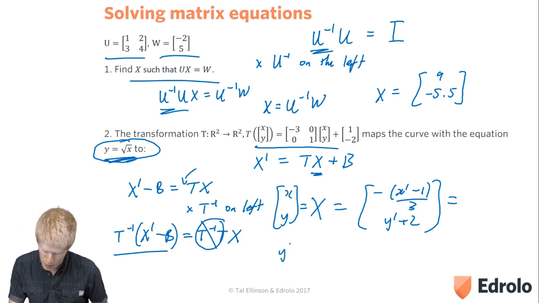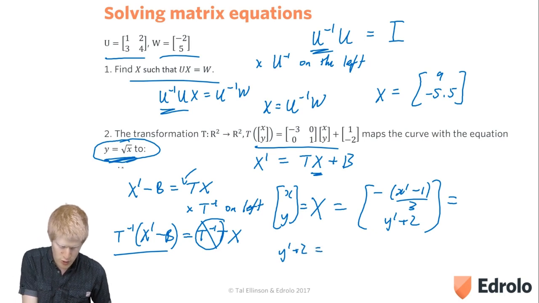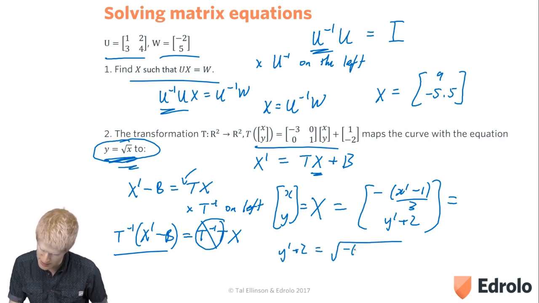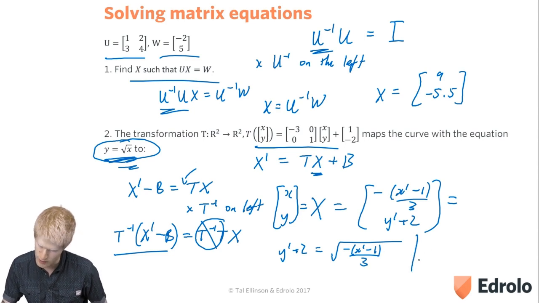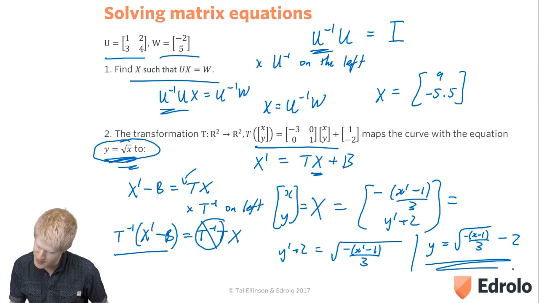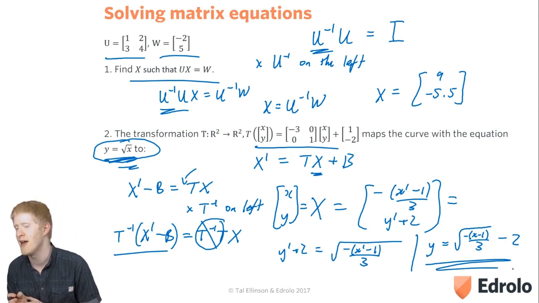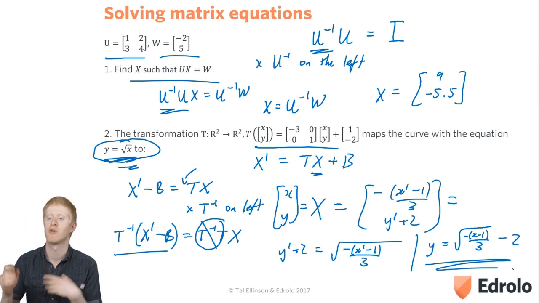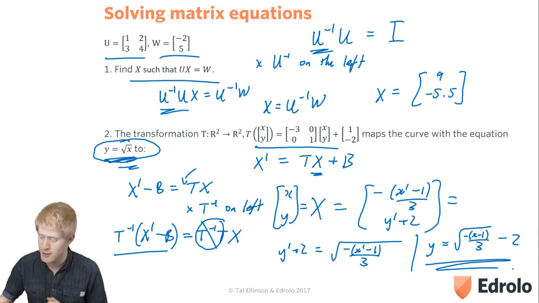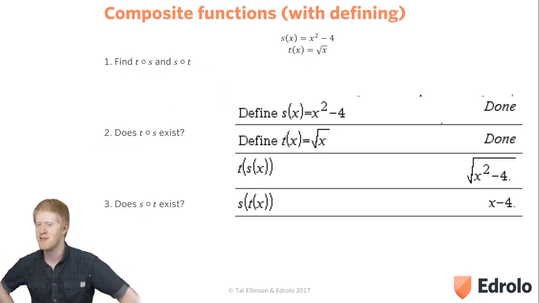So y is y dash plus 2 equals root x, so root of negative x dash minus 1 on 3. Then you can rearrange and drop your dashes and you get y equals the square root of negative x minus 1 on 3, minus 2. That's how you can use matrices and the calculator if you wanted to work with your transformation matrices using the calculator.